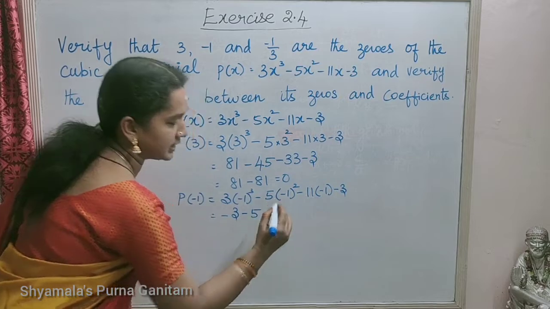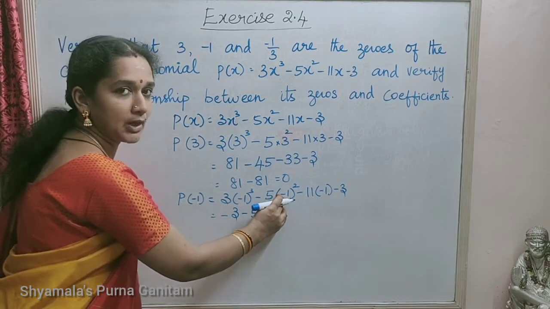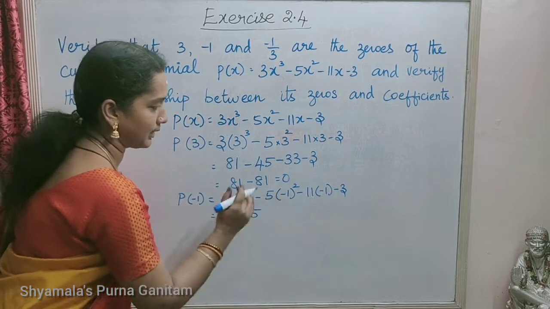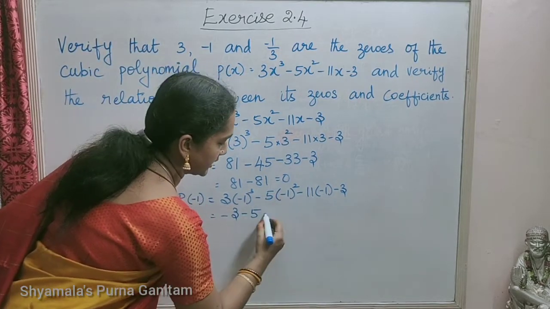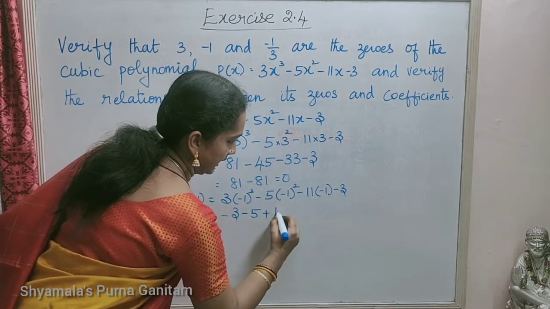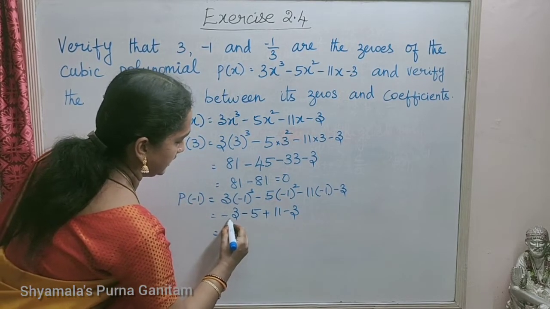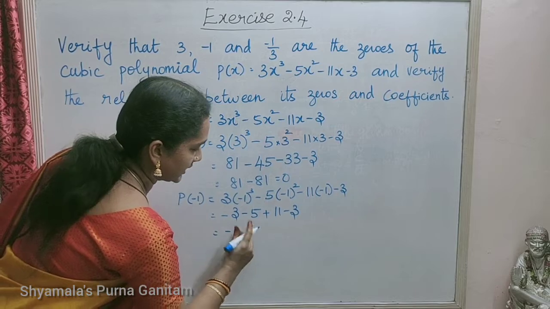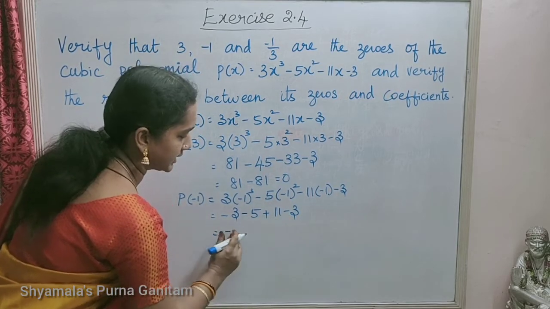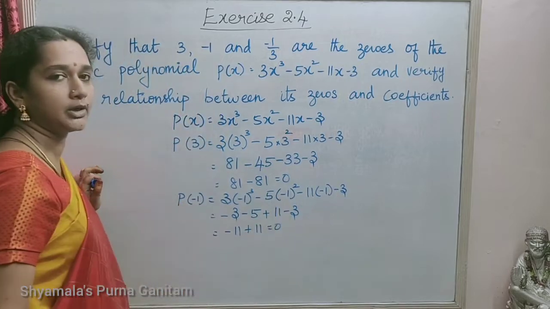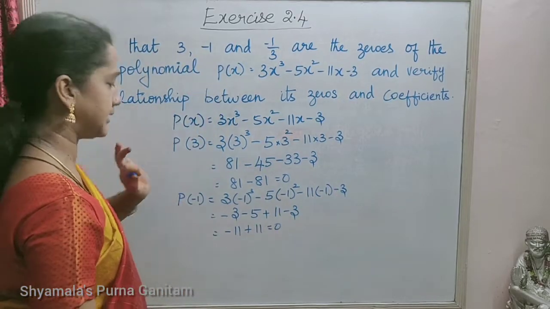So this is minus 5. You will get minus 1 into minus 1 is plus 1. So minus 5 into 1 is minus 5. Then this one is minus into minus is plus 11, minus 3. So this one will be minus 3 minus 5 is minus 8. Minus 8 minus 3 is minus 11 plus 11. So this is also equal to 0. So this is also a zero.